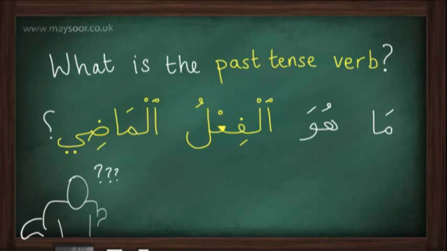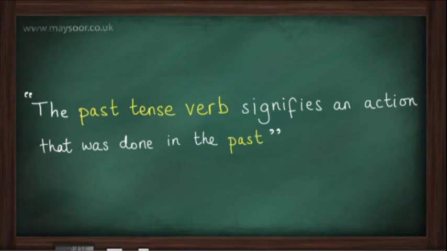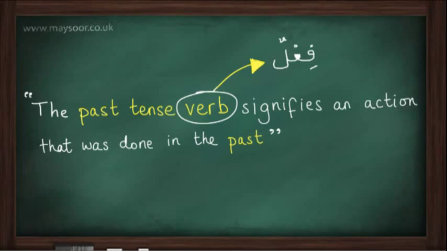ما هو الفعل الماضي? What is the past tense verb? The past tense verb signifies an action that was done in the past. In Arabic, we refer to a verb as فعل. For example, the basic past tense verb will look like this.